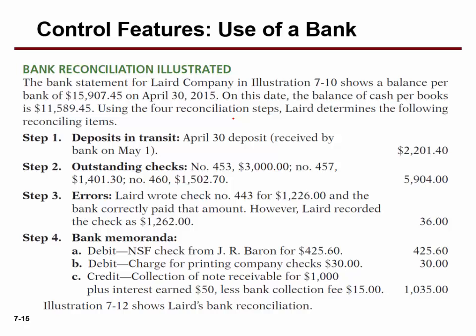So does the bank know about the deposit in transit on 4/30? They do not, and that's a deposit. So we're going to add that deposit in transit, and we're going to add 2,201.